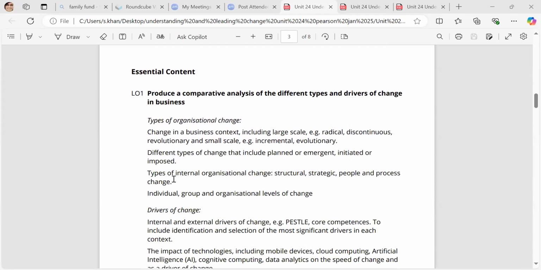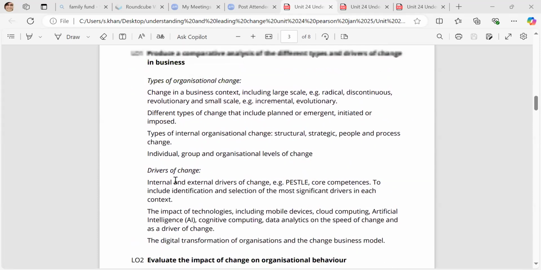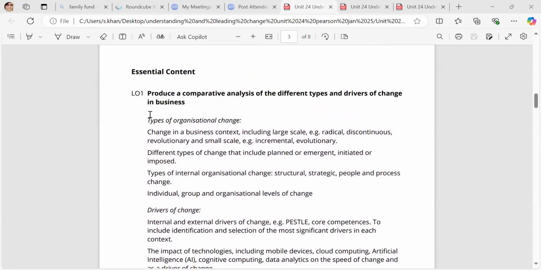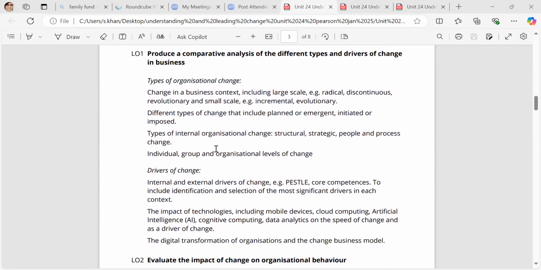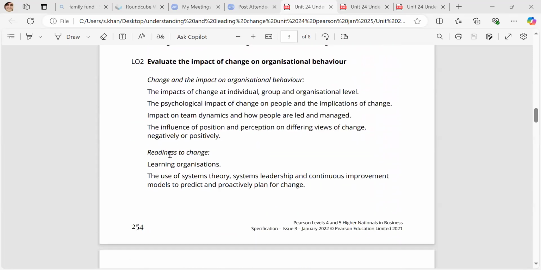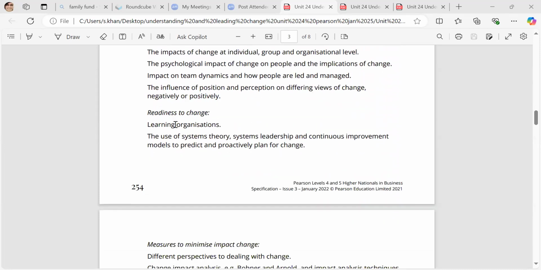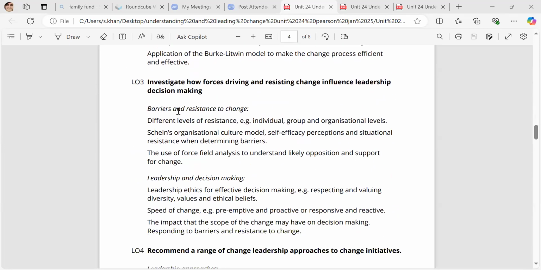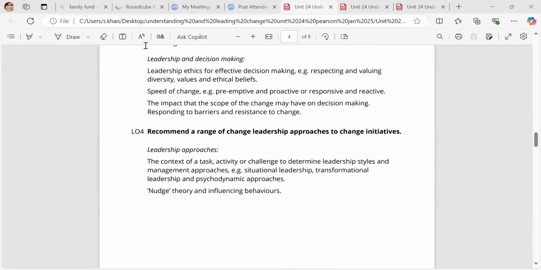The essential content for each one: I'll go through the first one because that's the main one we'll be doing, which is producing a comparative analysis of different types and drivers of change in business. I'll go through that in more detail later. For learning outcome 2, we've got the element of change in organizational behavior. Learning outcomes 3 and 4 have more indicative content in more detail.